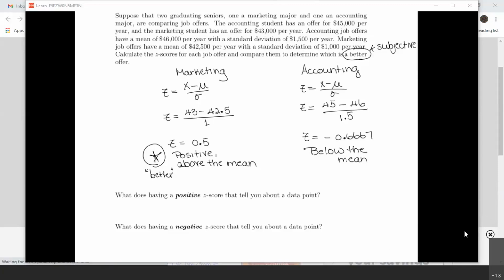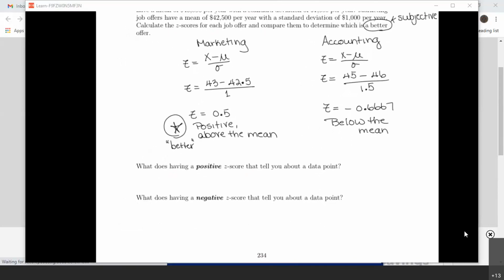A positive z-score tells you it's above the mean, which means higher than average. A negative z-score tells you it's below the mean, which means lower than average. And again, they don't always have a value associated with them.